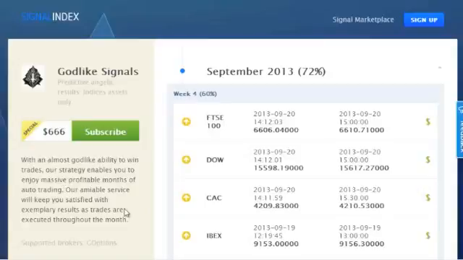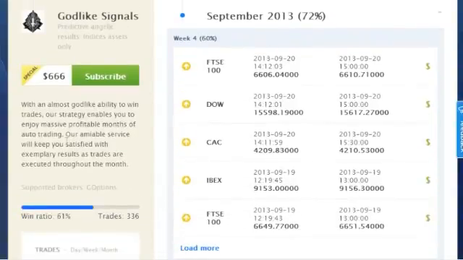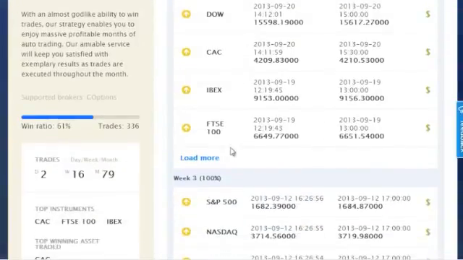That's very funny. Alrighty. They're nuts. So anyway, that tells a little bit about Godlike Signals right here, and their win ratio, the number of trades they've had, and on the right-hand side you can see their performance for the month and the number of signals that they had. You could also load more. There's an option right down there.